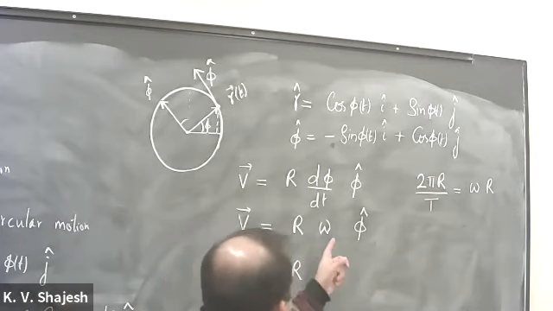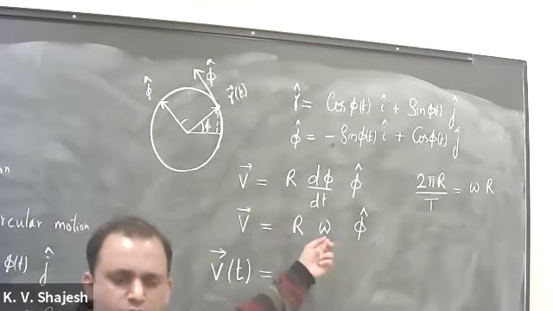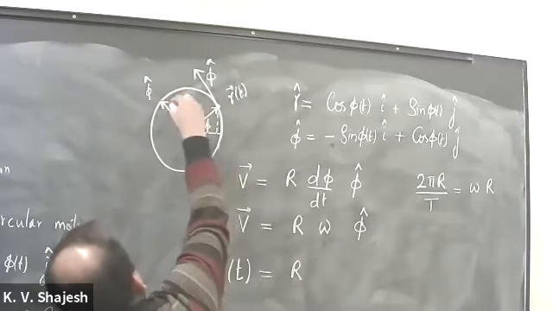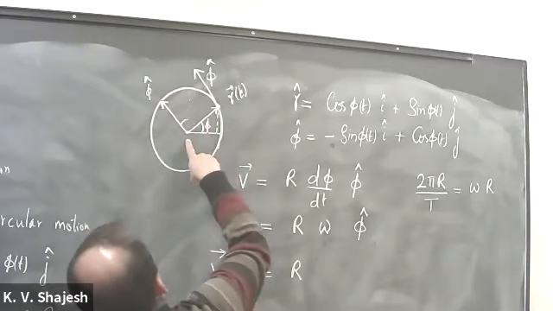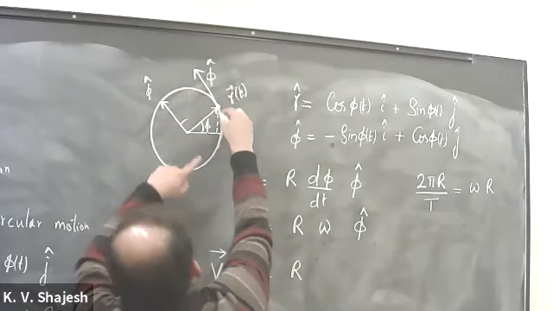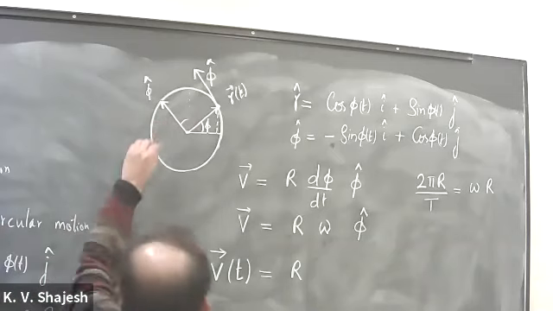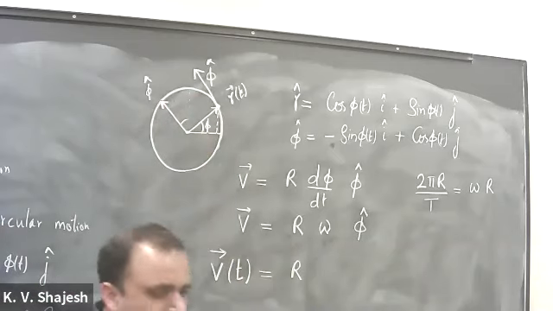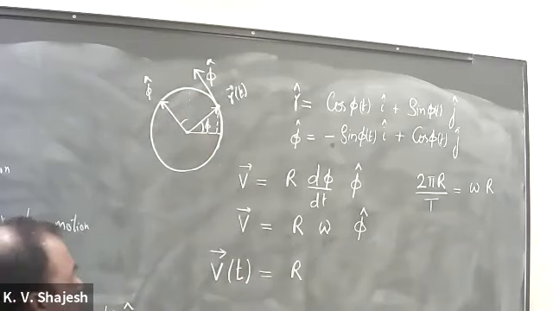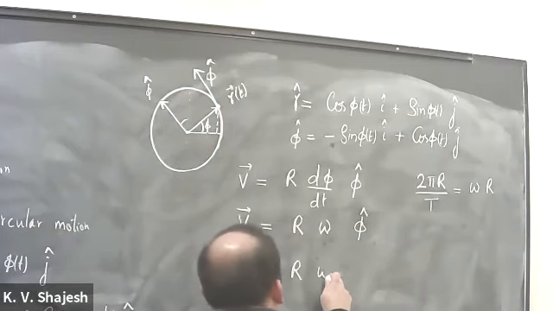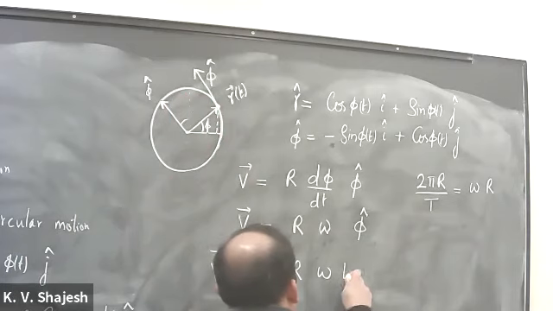In general, omega, which is how fast it is going around in the circle, could be uniform or it could change with time. This could go slower, faster, that's non-uniform. But if it is uniform, then that's a constant, and that's circular motion. So in general, let me put a time dependence in there.